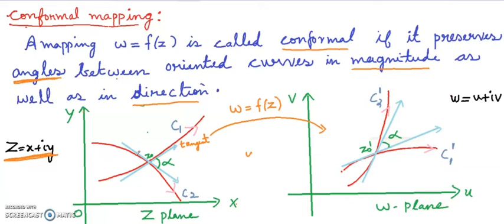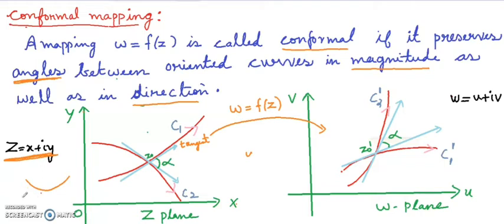We have two curves, so one line is tangent to the curve C1 and the other line is tangent to the curve C2. The tangent is taken at the point of intersection, Z0. You know what a tangent is: a straight line that touches the curve at a single point.